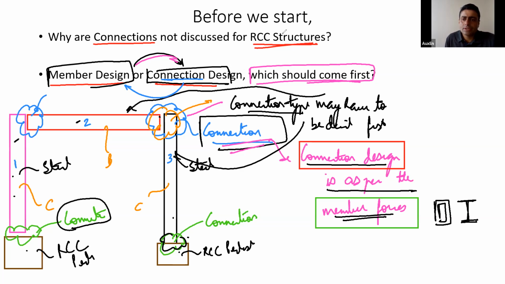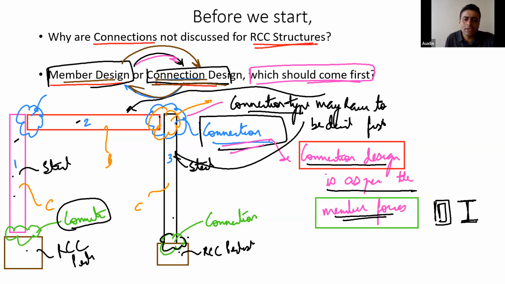This reverse happens not often. The general sequence of events is that first we finalize our member, and then we do the connection design. But in some cases we may have to go in the reverse direction also.